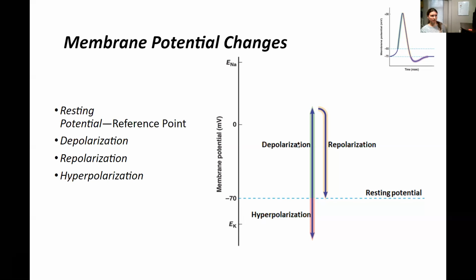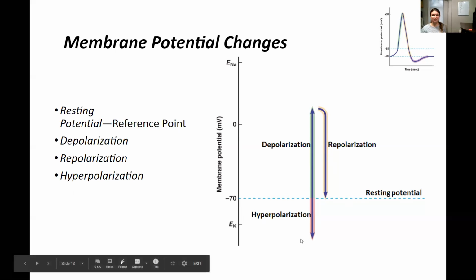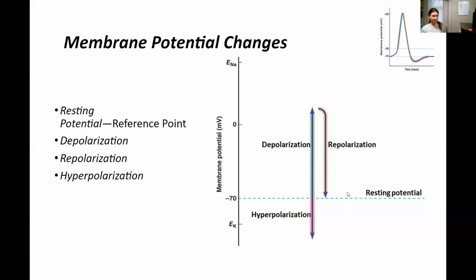So whenever we're talking about one of these directions, we're referring to the resting potential as our resting point. Are we getting less polarized than the resting potential? Are we returning to the resting potential? Are we becoming even more polarized, which is to say even more negative compared to our resting potential?